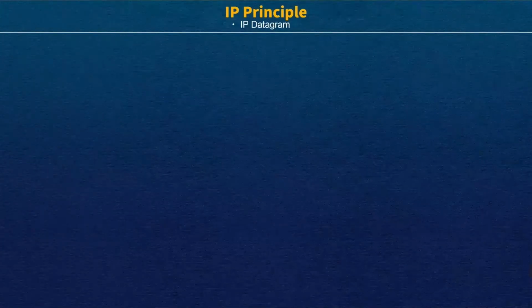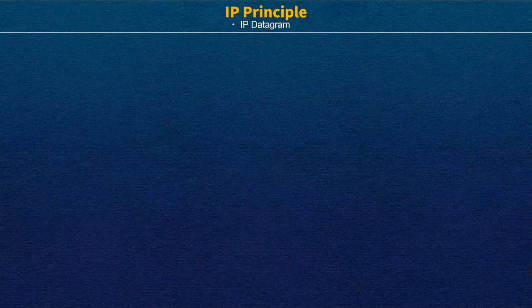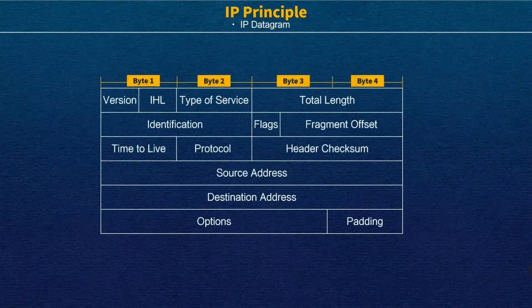And the next one, we have to know the IP datagram. What does it mean? When we encapsulate the packets, we have to add each layer's information to the packets, like the application layer, transport layer, and the network layer, something like this. And we already talked about the LAN principle, right? We know the details of the LAN principle.